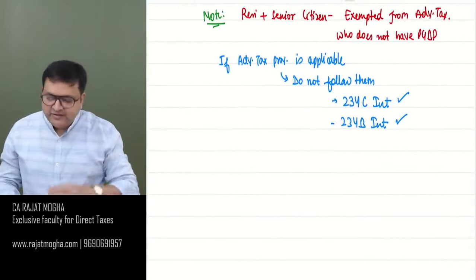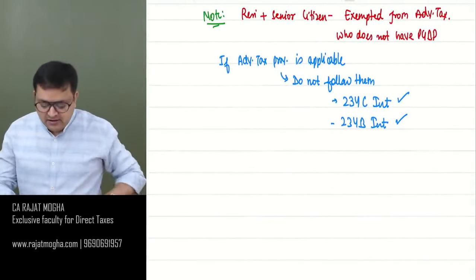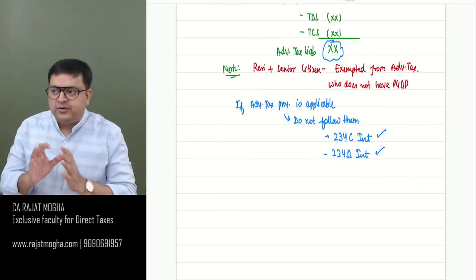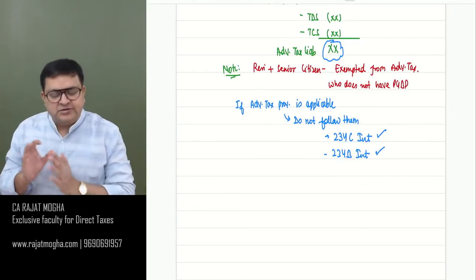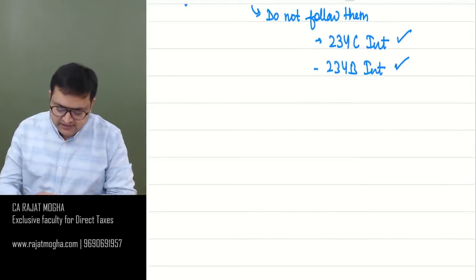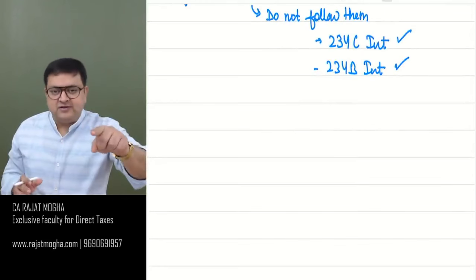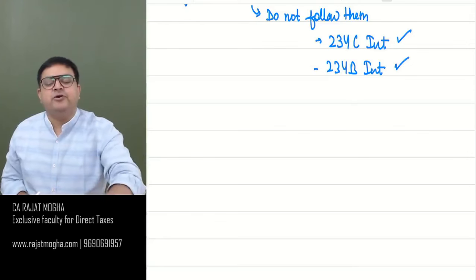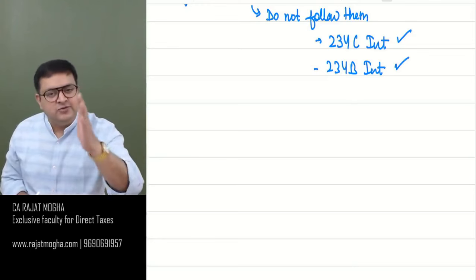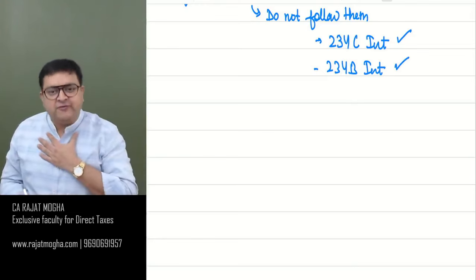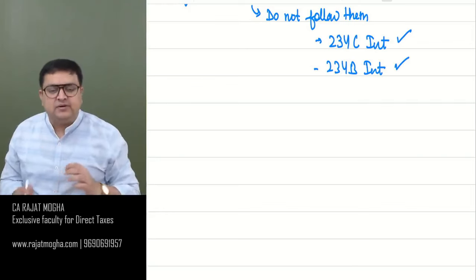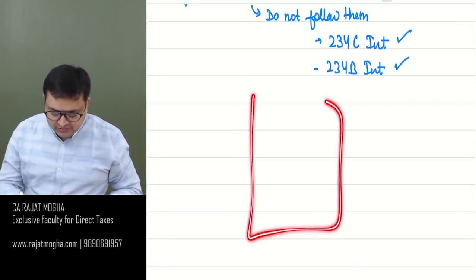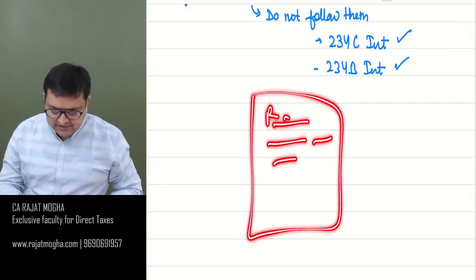Now, what is advance tax provision? You have to pay whatever your advance tax liability is. Now, let's say there is a return which comes to you, an ROI. You are an assessing officer. For your examination purpose, just see this chapter from the point of view of the assessing officer. Let's say I have filed a return, and you see that Rajat sir has filed his return.